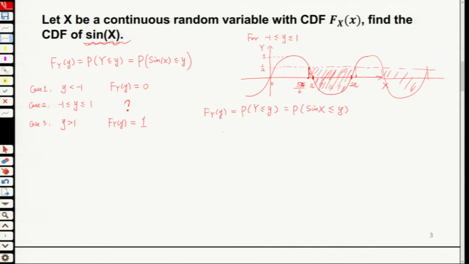So this equals the summation over n from -infinity to infinity of the probability that (2n+1) pi minus sine inverse y is less than or equal to X, which is less than or equal to (2n+2) pi plus sine inverse y.